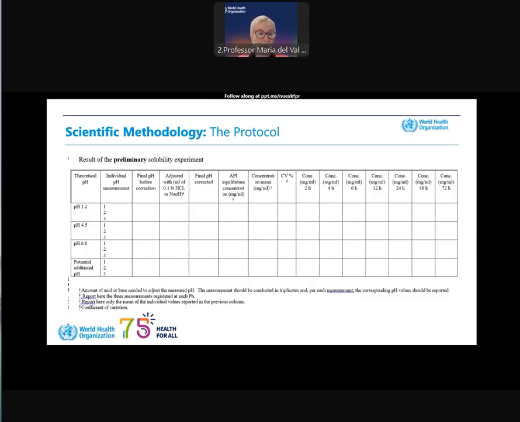This is the table that is recommended in the protocol in order to present the results.